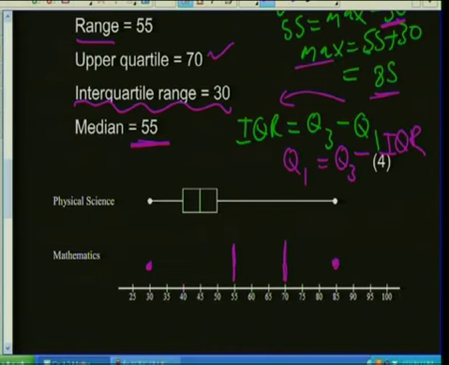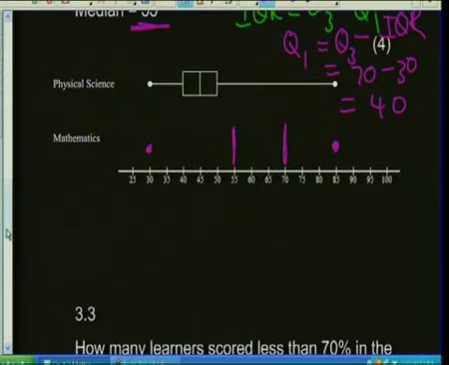So what is Q3? My Q3 is 70, so I have 70 minus interquartile range. What is interquartile range? It's just 30. Then I get 40 is my lower quartile. So the lower quartile, or the first quartile, is 40 there. Then I can complete my whisker plot and say this is there. Then I have this. I complete this.